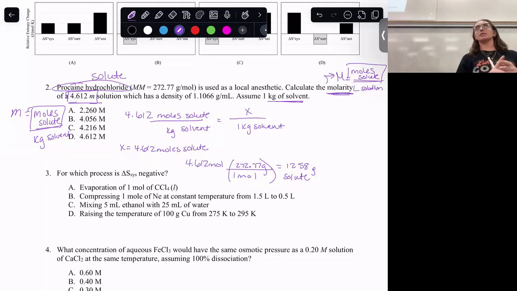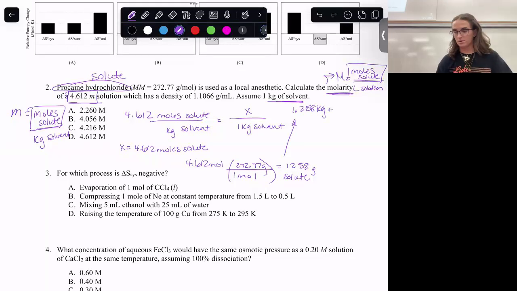So when we talk about the density of the solution, it's for the solution. The solution contains both the solute and the solvent. So we're going to include 1.258 kilograms plus 1 to get 2.258 kilograms.